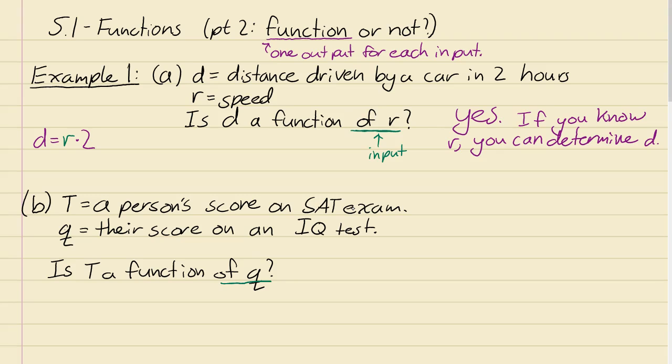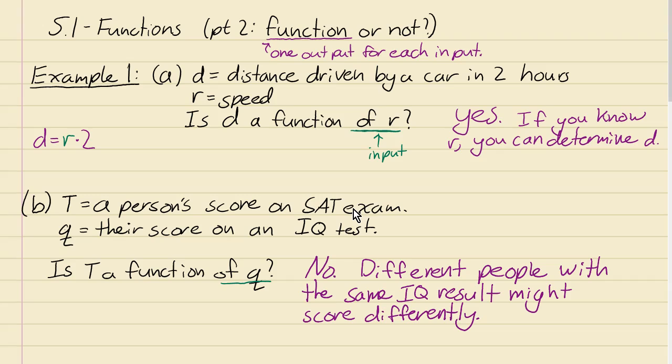And the answer is no, because different people with the same IQ result might score differently. So that means if there's one value of Q that goes with more than one T, it's not a function.